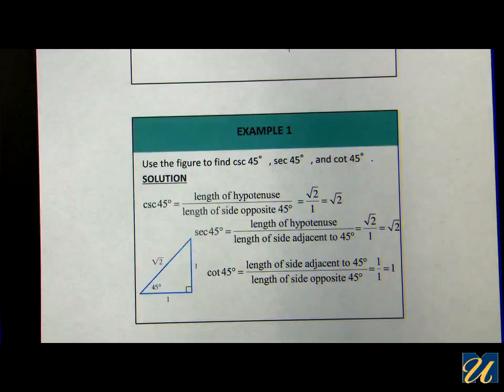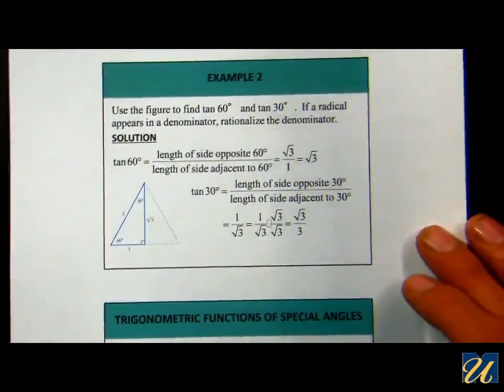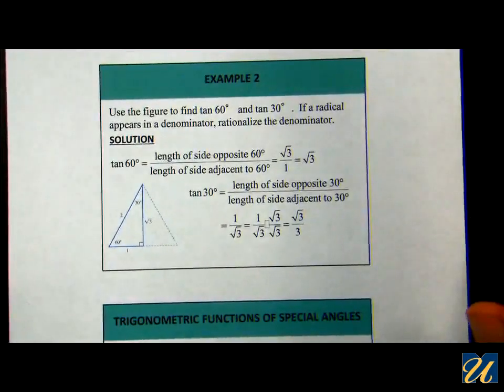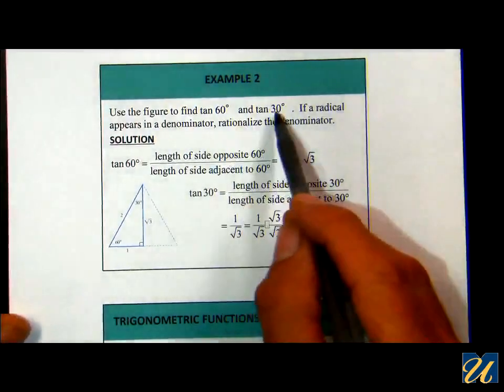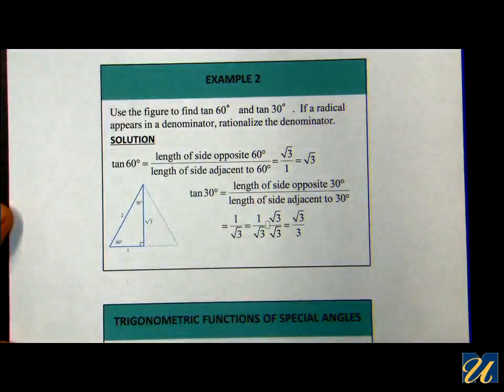Let's take a look at the 30, 60, 90 triangle and obtain a few trig values from there. Example 2. Use a figure to find tangent of 60 degrees and tangent of 30 degrees. Okay, now see these angles are different, so you have to carefully look at how these angles are oriented on the paper.